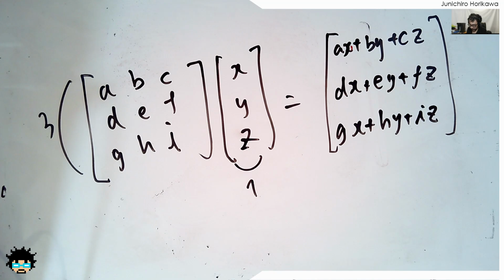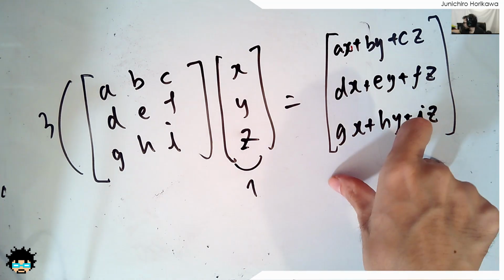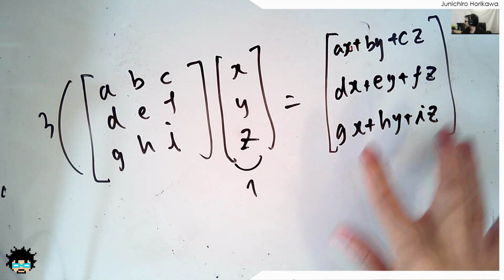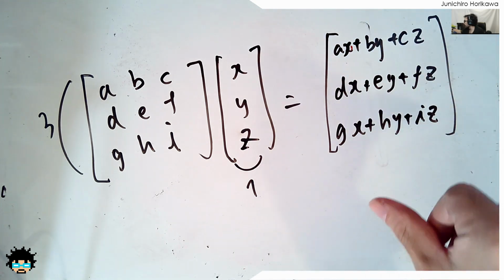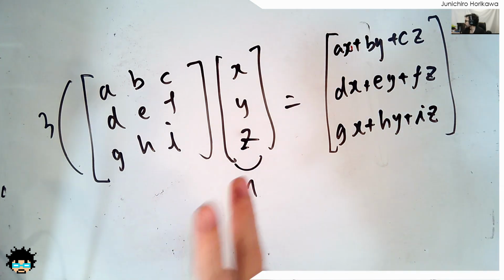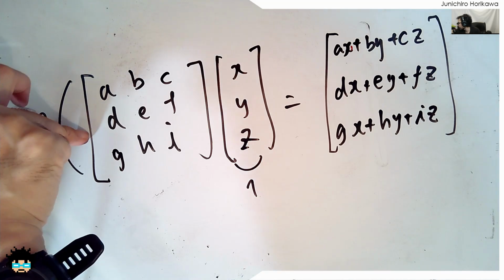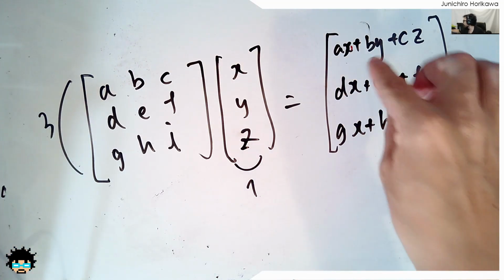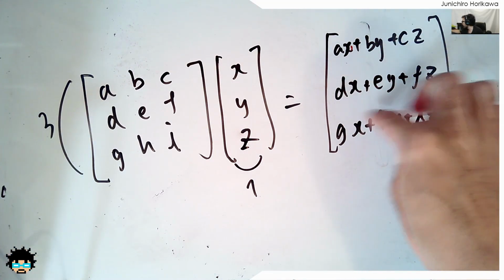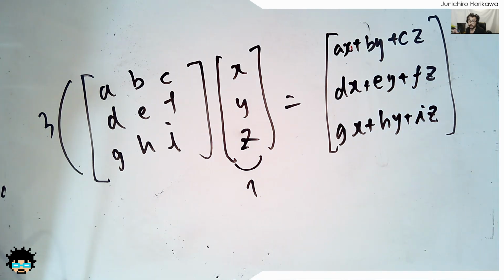So it is still a vector value, but the result you get is different by changing the order. Previously you had x, y, z here, and the result you got for the first, second and third values was different. So for the multiplication between matrix and vectors, the order is also important.